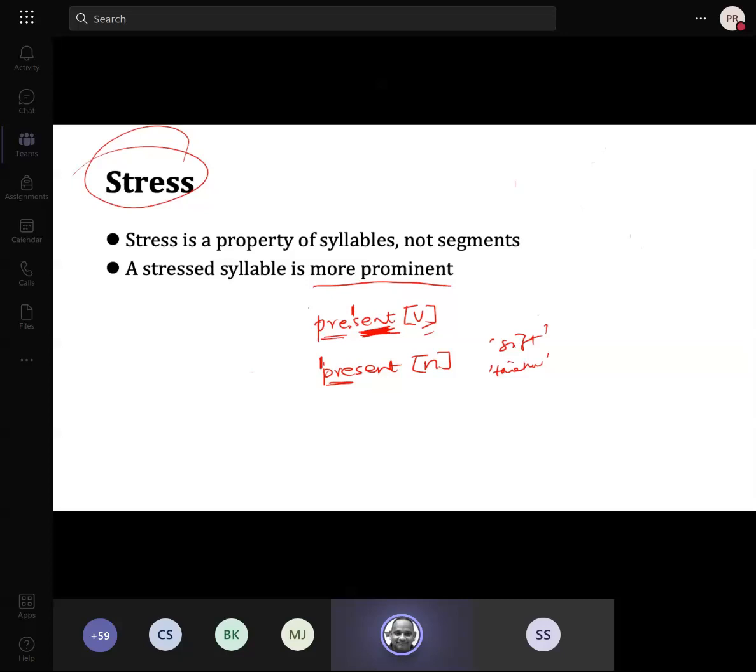Very quickly, another question to you. When I'm differentiating this stress between the first syllable and second syllable, present versus present, what are the things that I'm changing? You have already come to know about fundamental frequency, energy, duration, etc., etc. Right? So, what are the things that I'm changing when I'm putting the stress in the first syllable versus stress in the second syllable?